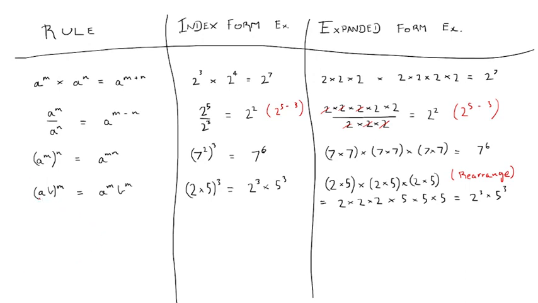Now this one is for if I have 2 numbers multiplied together, and then there's a power outside the brackets. An example of that is 2 times 5 to the power of 3. This is kind of similar to expanding the brackets, although it's not the same thing. I can say that's equal to 2 to the power of 3 times 5 to the power of 3. If you look at an example, here is 2 times 5 to the power of 3. I've got 2 times 5 and there's 3 of them, and I'm multiplying them all together.